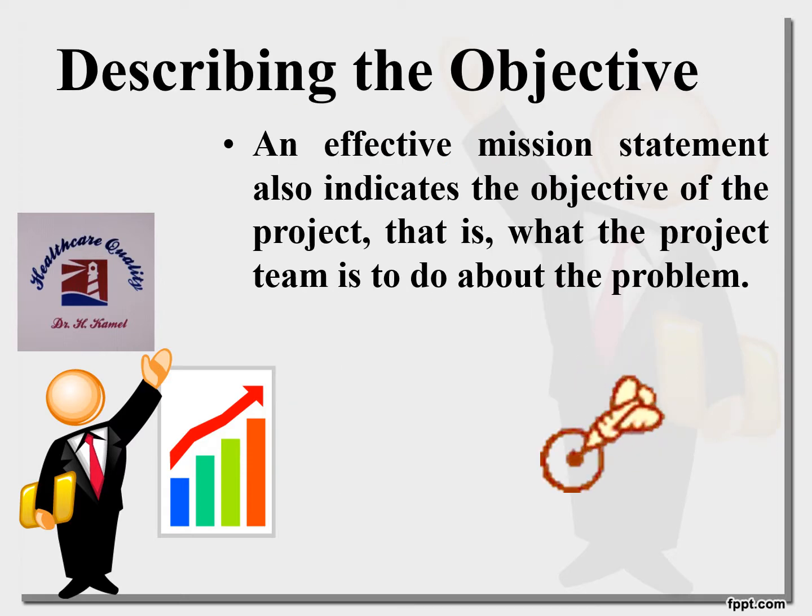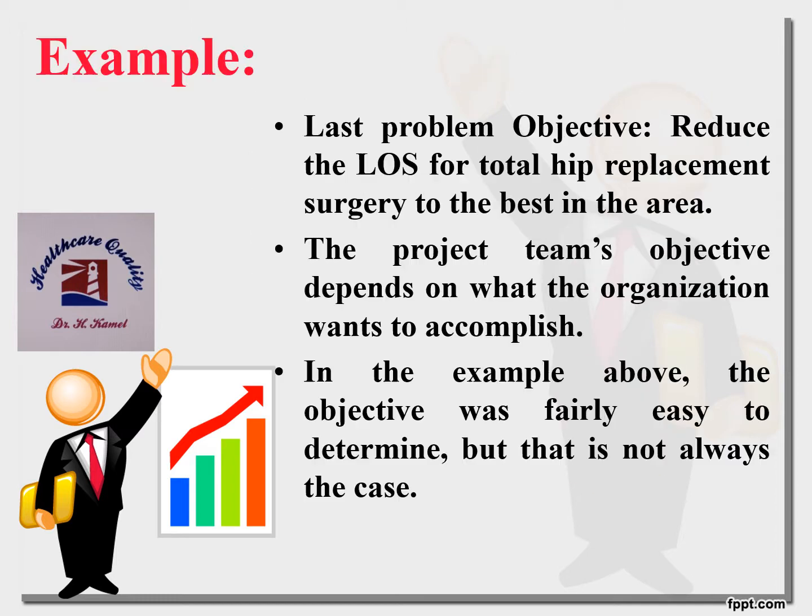Describing the objective. An effective mission statement also indicates the objective of the project. That is, what the project team is to do about the problem. Example: the objective for the last problem is to reduce the length of stay for total hip replacement surgery to the best in the area.